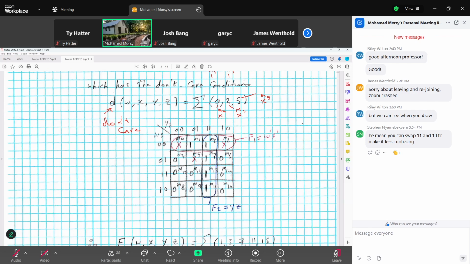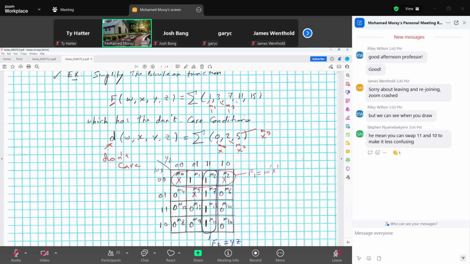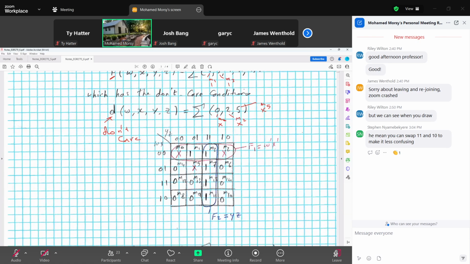So we have the standard Karnaugh map, and then we fill out F based on M1 is 1, M3 is 1, M7 is 1, M11 is 1, and M15 is 1.